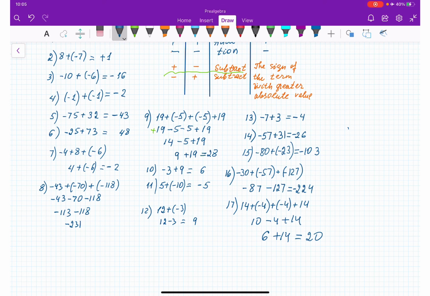Question number 18. We have negative 6 plus negative 19, okay, plus negative 15.